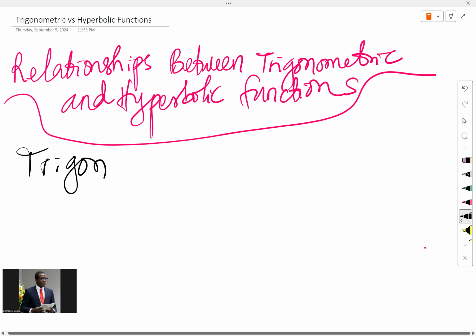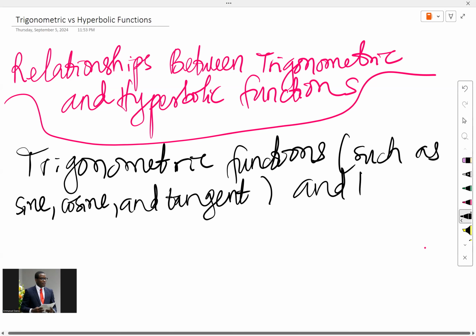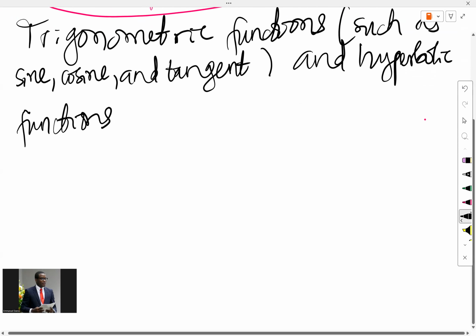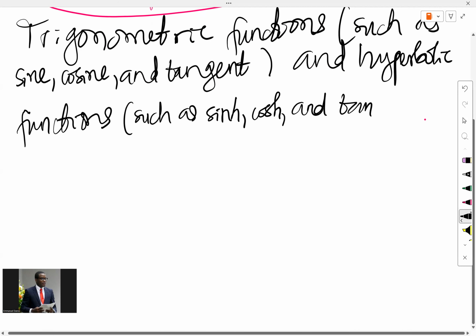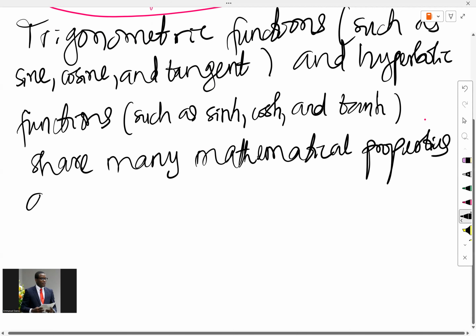So it's important to see that trigonometric functions such as sine, cosine, and tangent, of course, there are other three, but let's stay with this, and hyperbolic functions, such as sinh, cosh, and tanh, share many mathematical properties and forms.